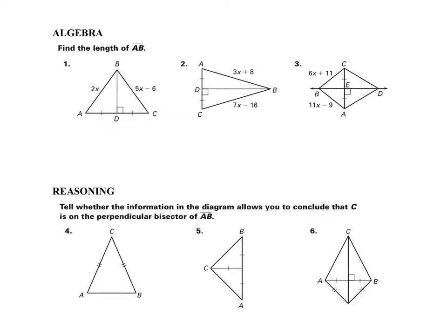Okay, so let's practice. We're going to find the length of AB. Well, I can see that BD is perpendicular to AC. It's at the midpoint. So these two must be the same distance, the same length. B must be the same distance from both A and C. So I can just set them equal.